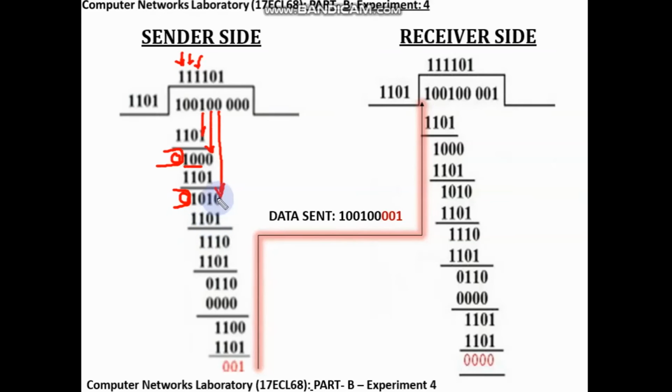Again, do the XOR operation. 0 is XORed with 1 1, 1 is XORed with 0 1, 0 is XORed with 1 1, and 1 XOR with 1 is 0. Discard this 0, bring this 0 down here.